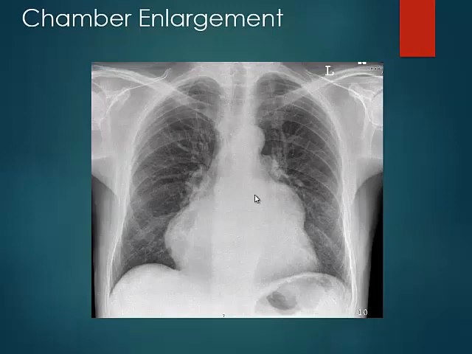Okay, what about this one? Left atrium enlargement? Okay, so there are two bulges here. One bulge is here. What is this bulge? This is right atrium enlargement, okay? And what about this bulge? Left atrial appendage. So what is this a cause of? Enlargement of the left atrial appendage is caused by what? Which condition causes left atrial appendage enlargement?